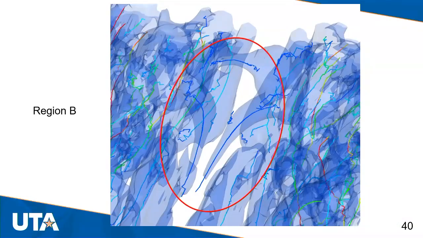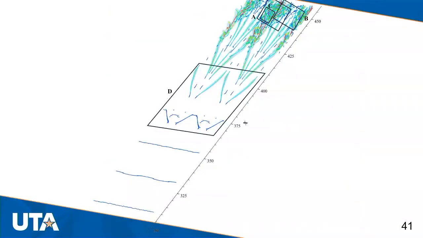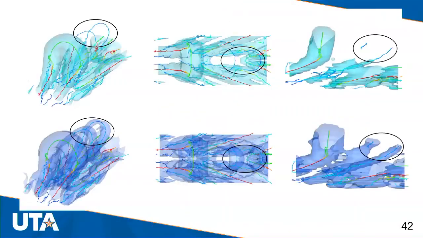isosurface. And also, let's look at region C. Take a close look at region C. If you do not use the co-line method, you may not recognize there are two vortex rings. In front of these vortex rings, you may just think we have one vortex ring, but actually there is one and another weaker one.